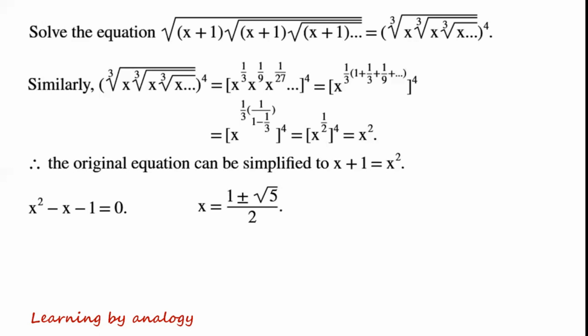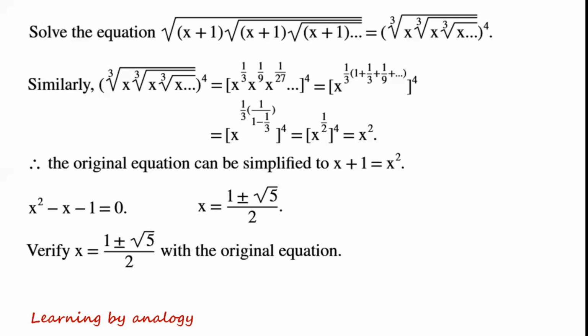So x equals 1 plus or minus root 5 over 2. Verify x equals 1 plus or minus root 5 over 2 with the original equation. They are solutions of the original equation.